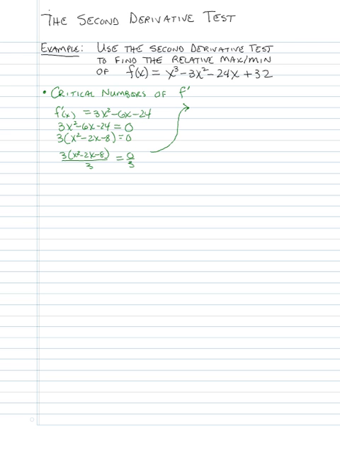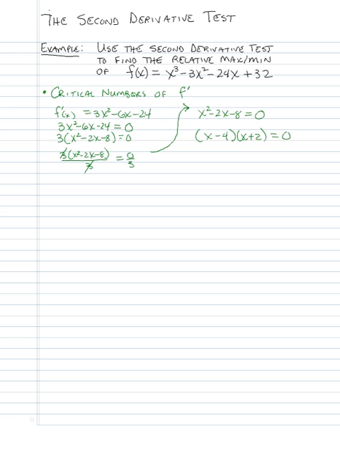That leaves me, since the 3's cancel, with x squared minus 2x minus 8 equals 0. That's really an easier equation to solve. We try to solve it by factoring, and I think we can factor it as (x minus 4) times (x plus 2) equals 0.